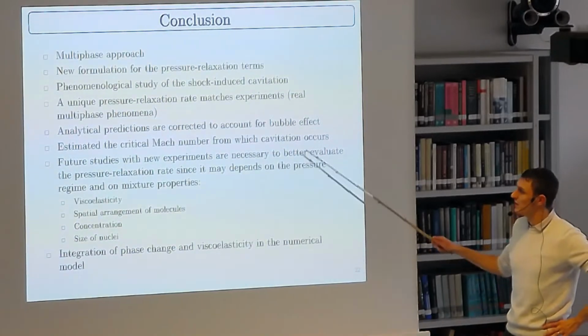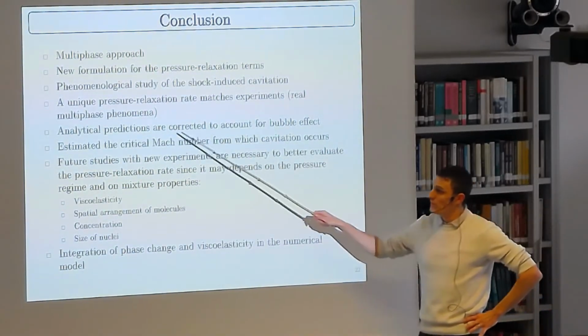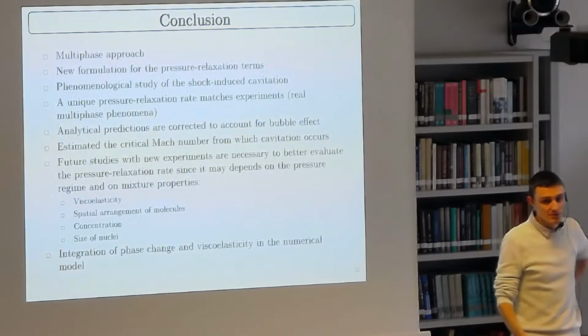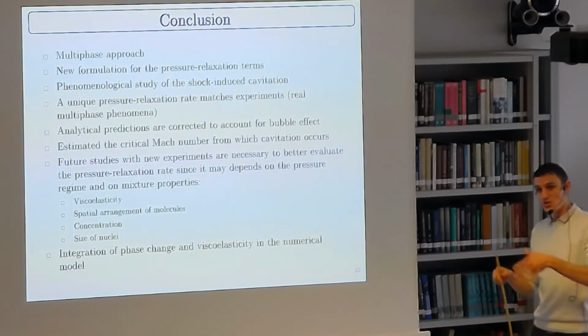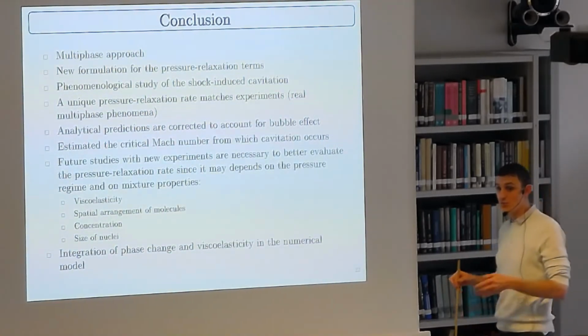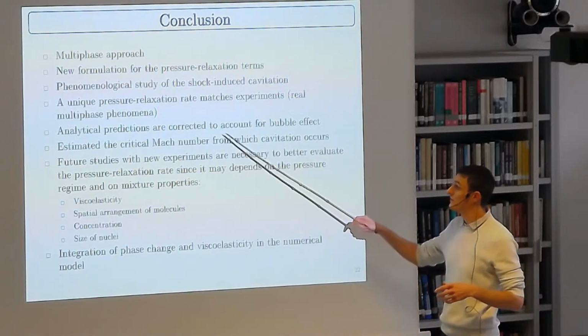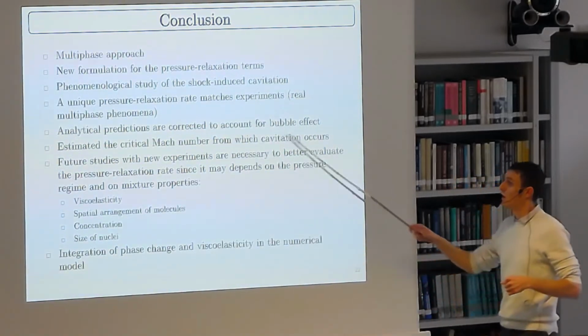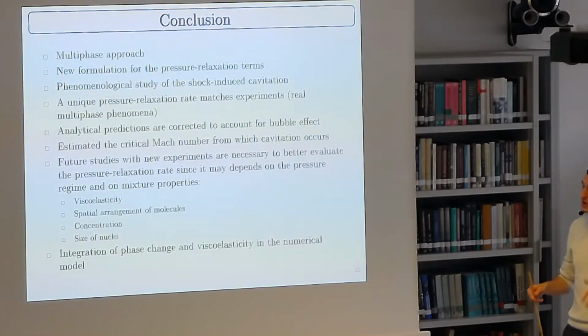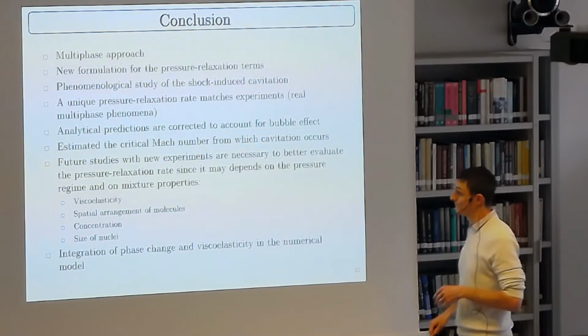I didn't present it here too much, but we found that the analytical prediction known in the literature to say cavitation should happen here is not true. There is some error, so we corrected this with some relations to say when and where it should happen, so as to find the bubble cloud center.